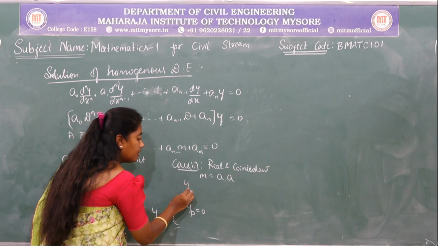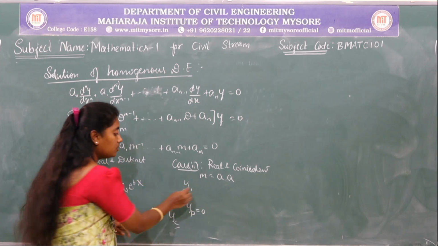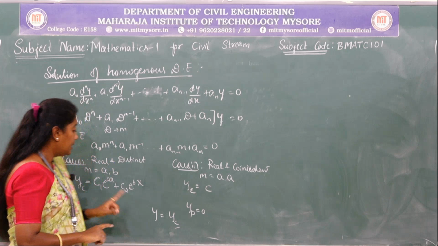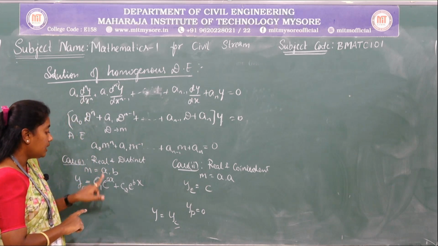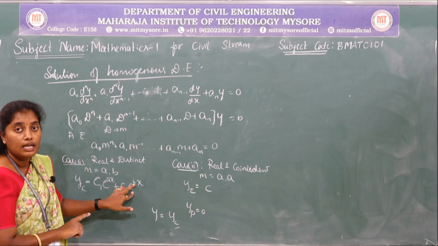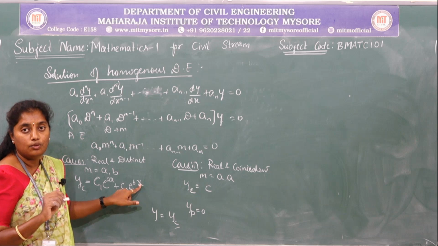Then the complementary function is, here also we have two roots, that means we have to select two constants, that is c1 and c2. But here c1 into e to the power of the first root, c2 into e to the power of the second root. Here this x represents the independent variable.